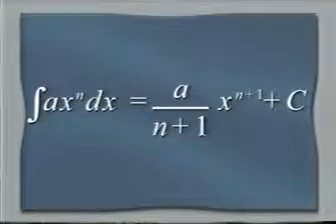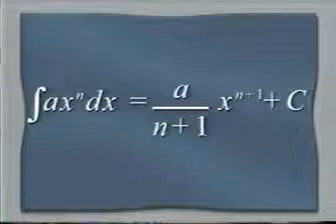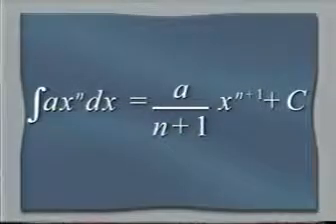We have the integral of that with respect to x is a, the constant, over n plus 1, one more than the original exponent, times x to the n plus 1 plus our friend c. So therefore, any function of this type can be integrated, and we can find the function whose derivative is the function we started with. Now, how can we use this to find the area?